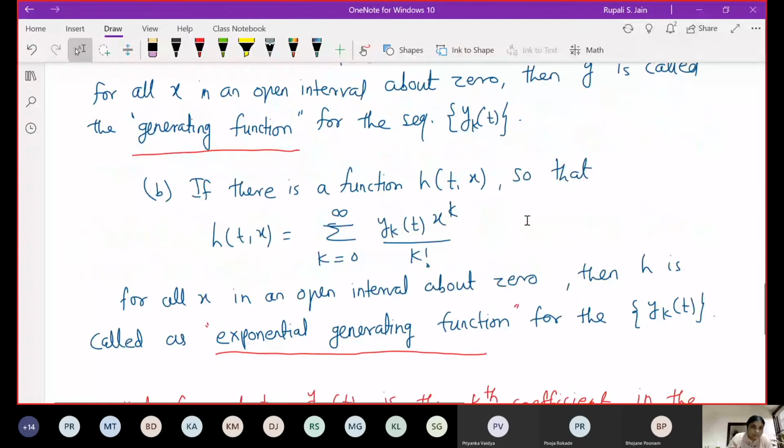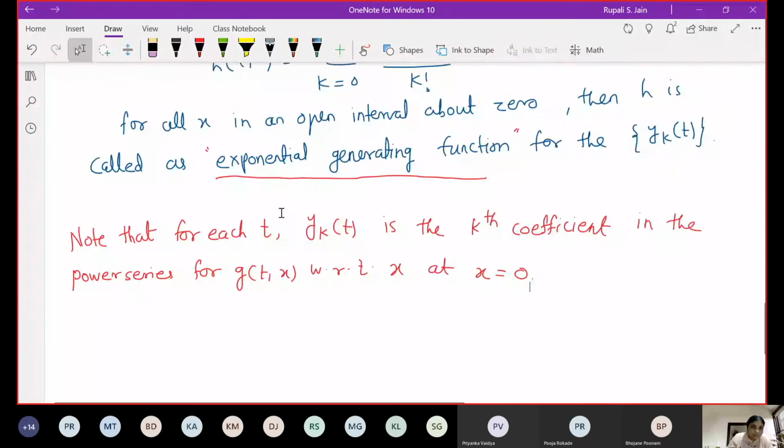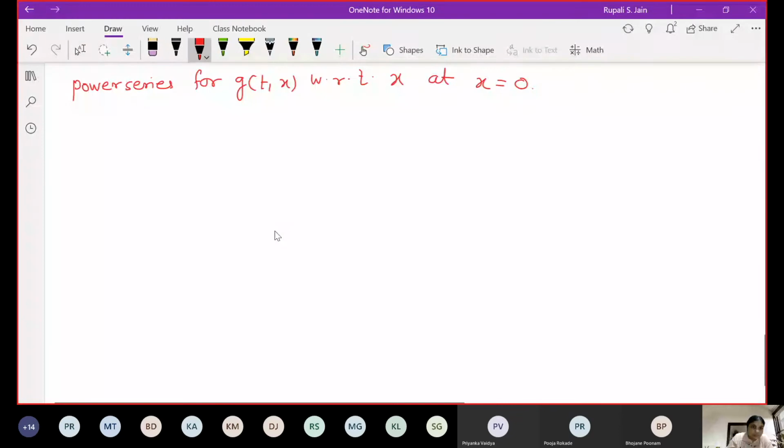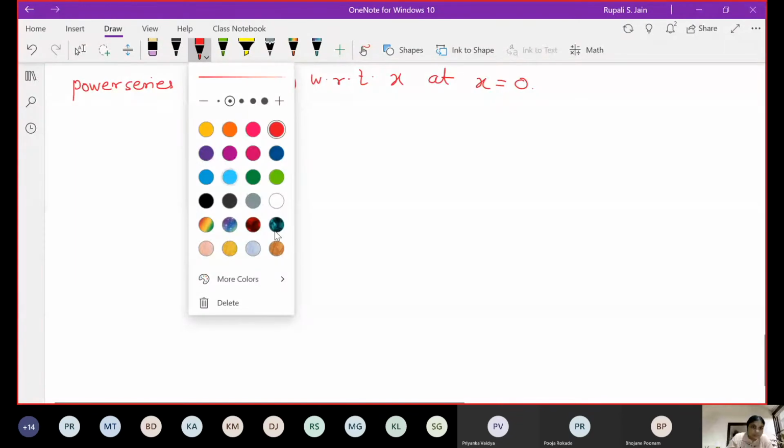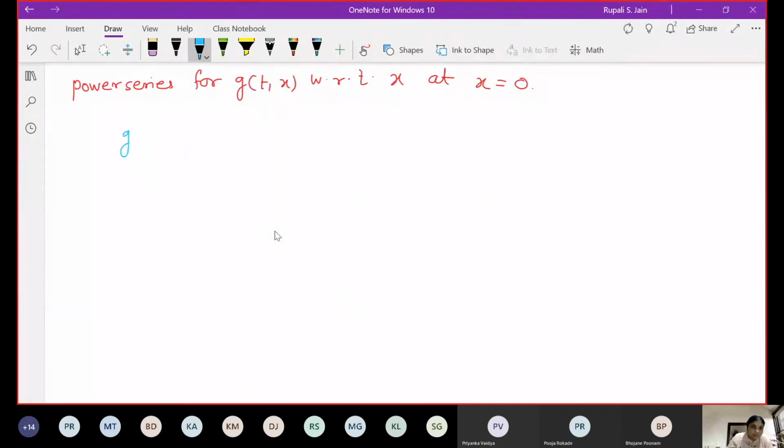What is my g(t, x)? It is the summation from k equals 0 to infinity of y_k(t) x raised to k. So if I expand this, it is y_0(t) x raised to 0 plus y_1(t) x plus y_2(t) x square plus y_3(t) x cube and so on.